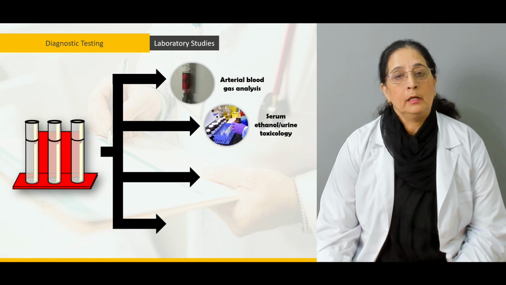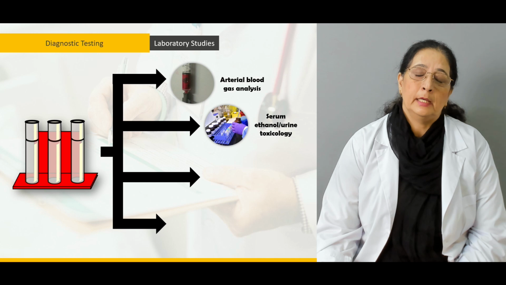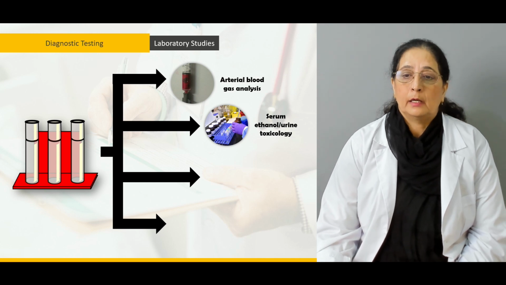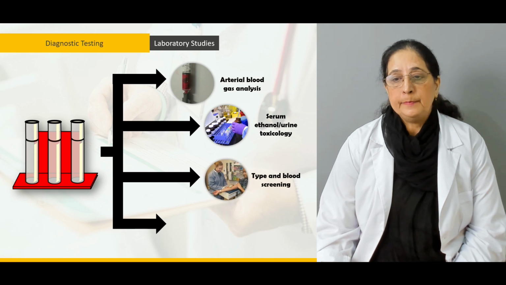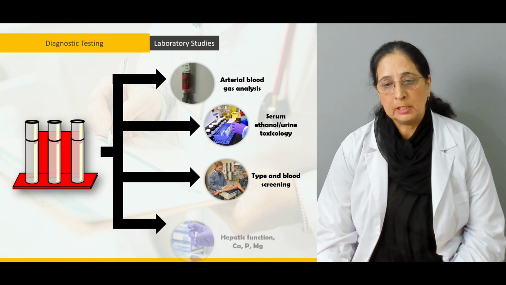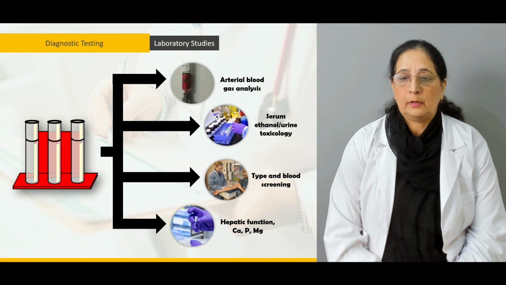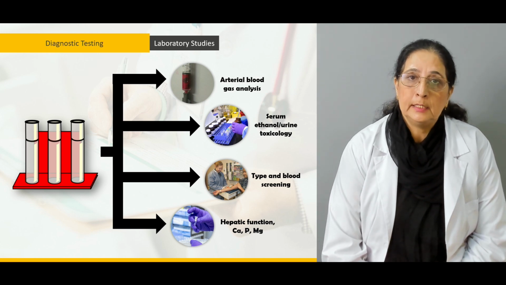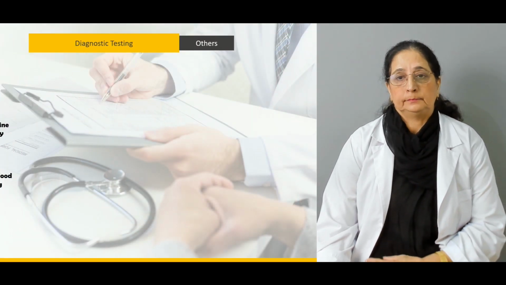Serum ethanol and urine toxicology are also done for alcohol abuse. Type and blood screening, again important in case of transfusion. Hepatic function, calcium, phosphorus, magnesium, all these are different lab tests that can be performed.